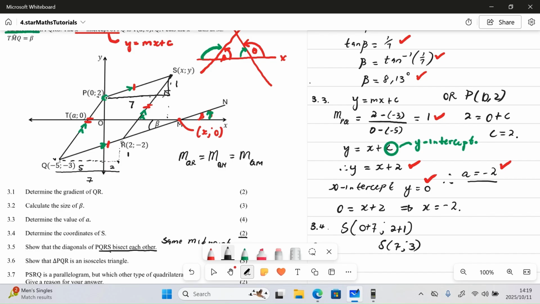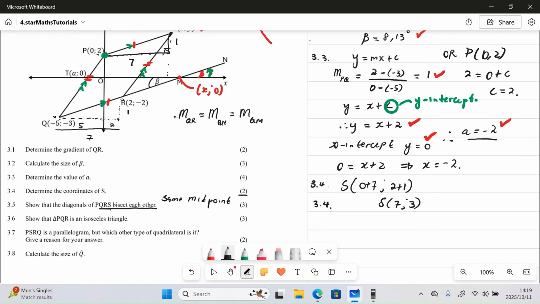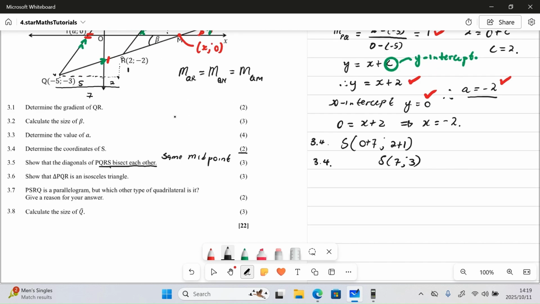It must be the same distance from P to S, meaning it's going to be 7 units to the right, 1 unit up. Then that is the coordinate of S.